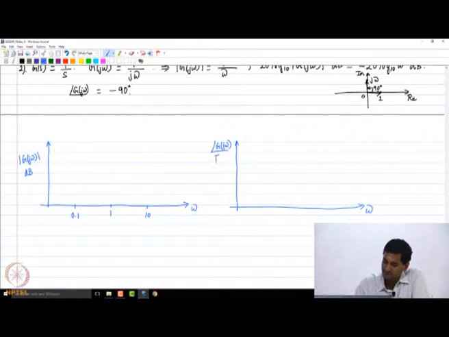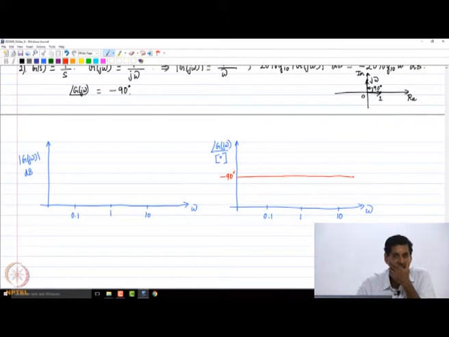So the phase of G of j omega in degrees. Once again, let us say I have 0.1, 1, 10. So the phase diagram is pretty easy. There is going to be a straight, horizontal line at minus 90, and that is what I have for the phase for this particular factor.